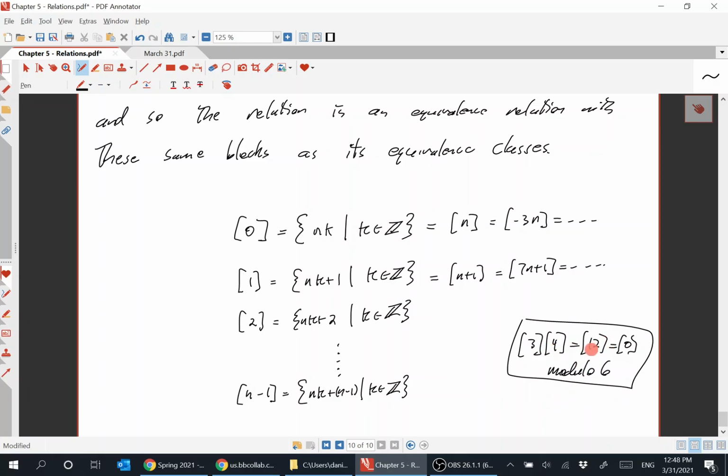But 12 is a multiple of 6, so that's equivalent to 0 mod 6. But that's what you'll do in modern algebra. And if you're taking computer science, you would do some of that as well. Okay, but we're not going to do that here. Although it's pretty cool.